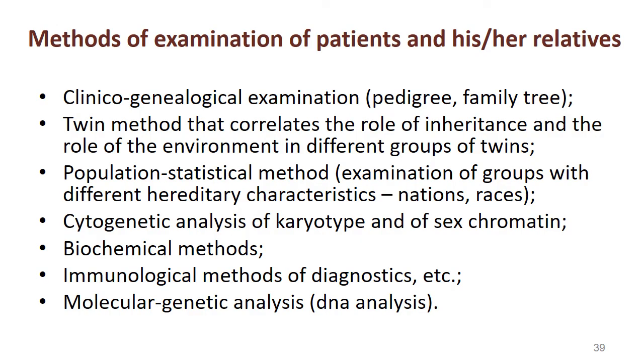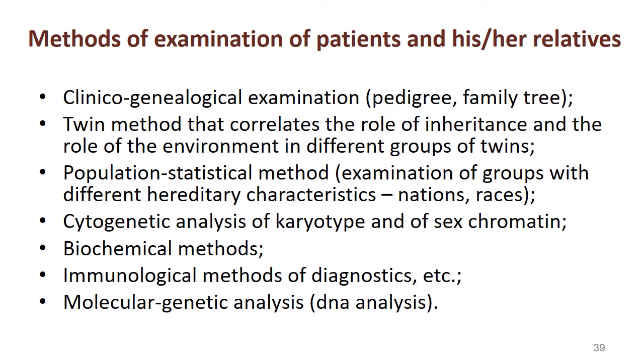Methods of examination of patients and their relatives. They include clinical genealogical examination, pedigree, family tree, twin method, that correlates the role of inheritance and the role of the environment in different groups of twins.